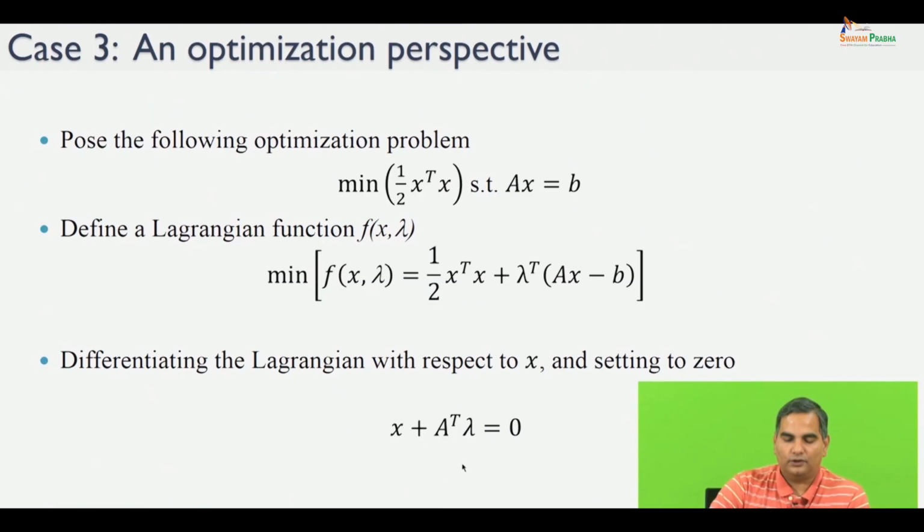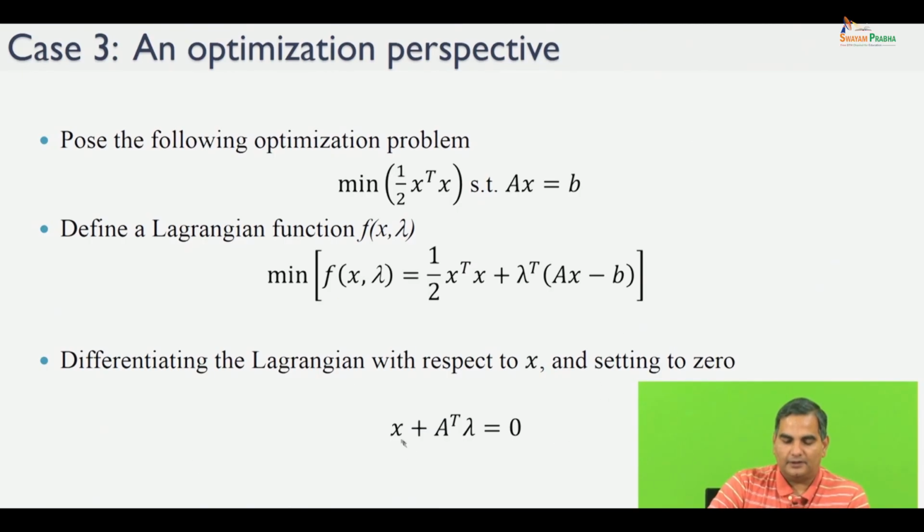So whatever solution you have has to solve both the differentiation with respect to x, which should give you x plus A transpose lambda equal to 0, and also differentiation with respect to lambda, which will simply give you Ax minus b equal to 0. That would basically say that whatever solution you get has to satisfy the equation Ax equal to b. We will see how this is useful in identifying the solution.